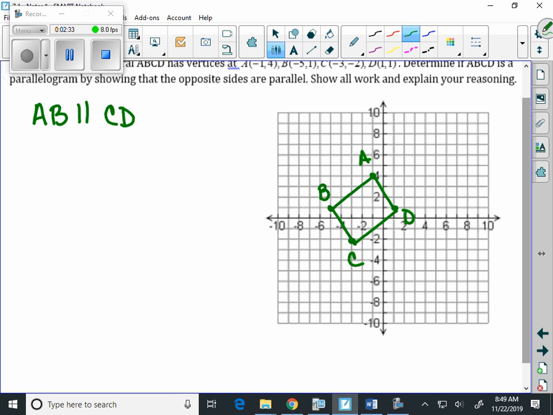And when we show that, again, what we're doing is we're going to find the slope of AB. We're going to find the slope of CD. And again, you might just want to color code it to keep track of things.